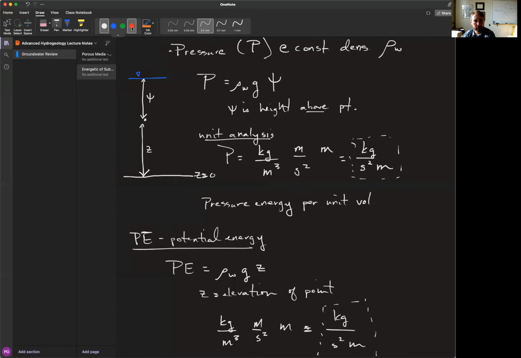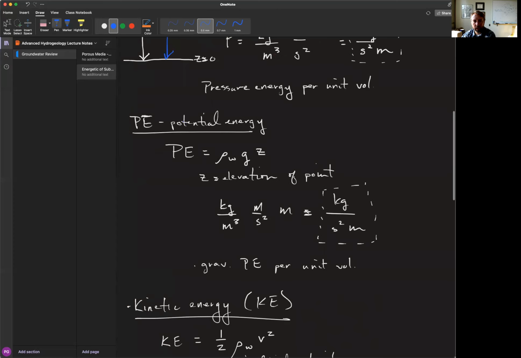So if I put a well here, the water in my well would rise to the level of the water on the outside, and I could take a measurement of the total fluid energy by getting this head measurement from z equals 0 all the way to the water surface, or z plus psi.